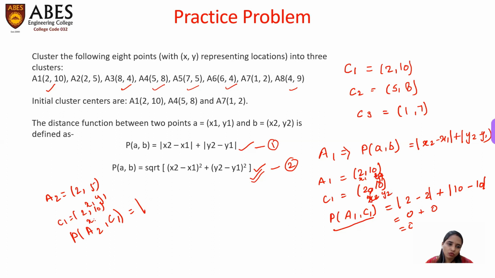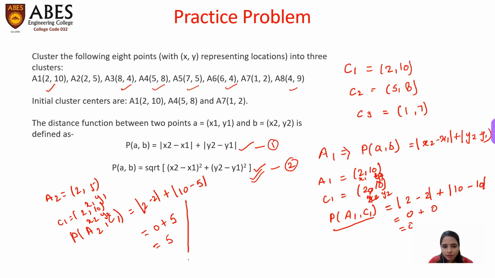So x2 and y2 are 2, 10. So 2 minus 2 plus y2 minus y1, which is 10 minus 5, is equal to 0 plus 5, equal to 5. So the distance of data point A2 from the center of cluster 1 is equal to 5. Like this, we will calculate the distance for all 8 data points from cluster 1.